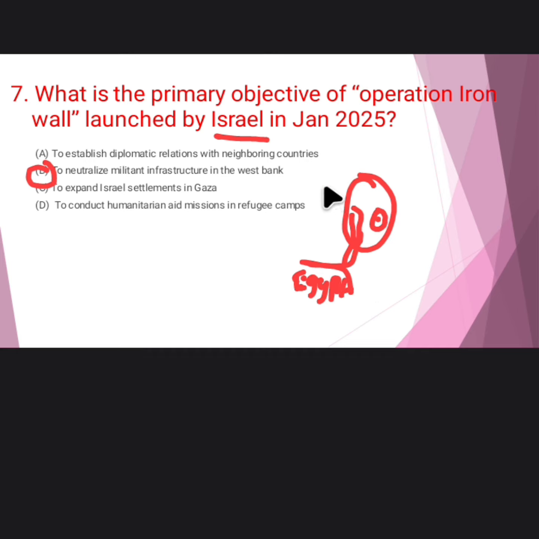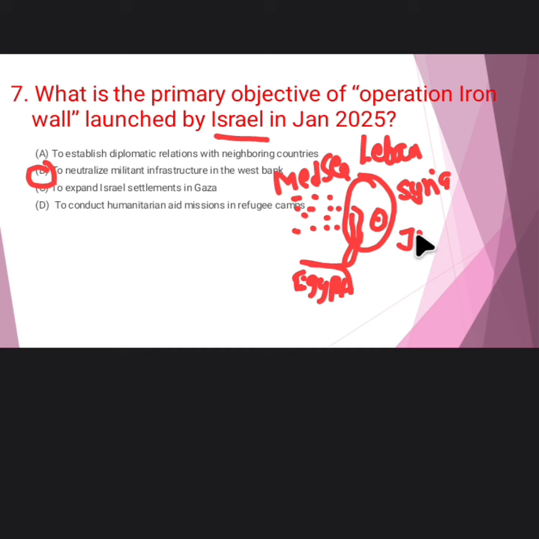It has a border with Egypt. In the west, it has a coastal opening, the Mediterranean Sea. In the north, Lebanon is present. In the northeast, Syria is present. In the southeast, Jordan is present.